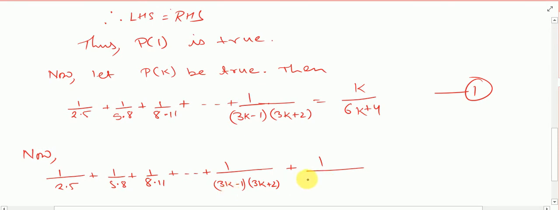So you get 3 times k plus 1 minus 1, and here 3k plus 1 plus 2.